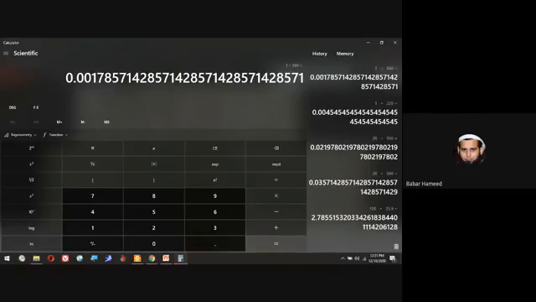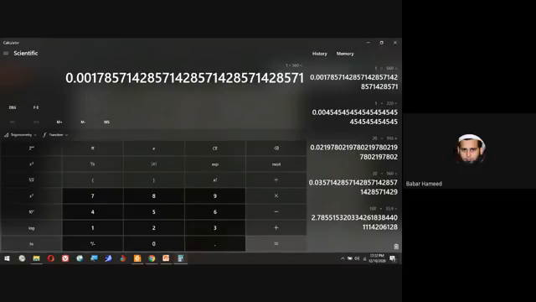By adding all quantities: 0.0045, 0.0017, 0.001. So 0.0045 plus 0.0017 is equal to 0.0062, plus 0.001, 0.0072. Let us confirm. 45 plus 17 is equal to 62, and yes, it is.